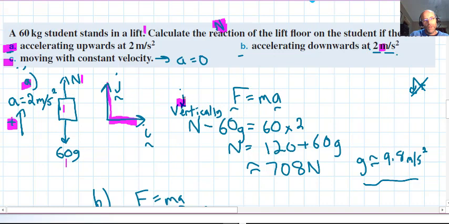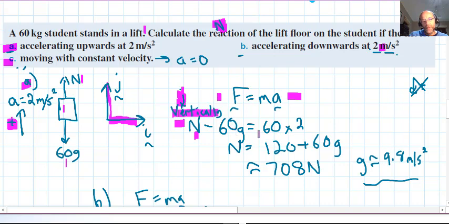So vertically we're talking j, so you start with Newton's second and then say I'm going to work vertically. Once you've said that in terms of j, you can then drop the vector notation. Okay, we've got N minus 60g as your vertical forces, and mass is 60 and acceleration is positive 2.